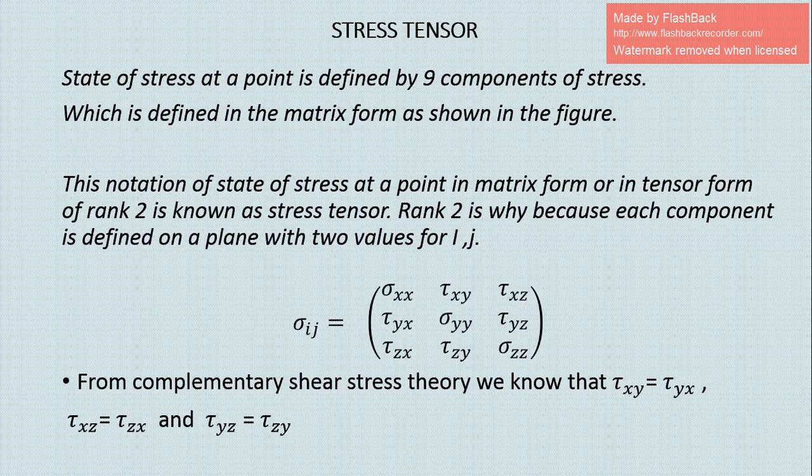Also from the elementary mechanics of solids, we know the complementary shear stress theorem, which states that tau xy is equal to tau yx, tau xz is equal to tau zx, and tau zy is equal to tau yz.